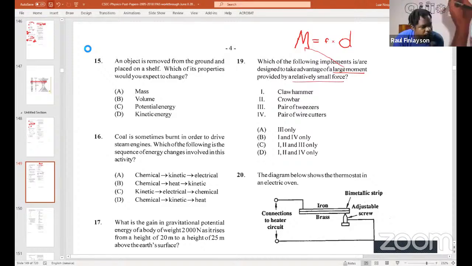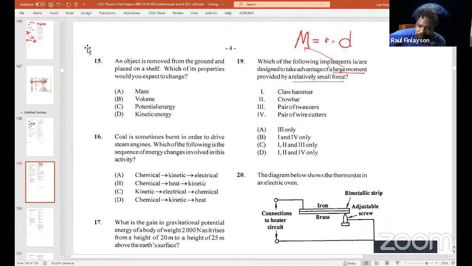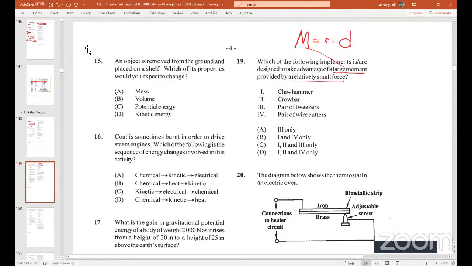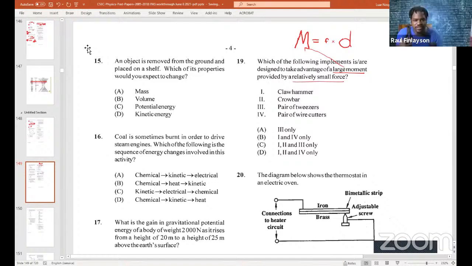The wire cutters cut the wire at the end of it, and you apply the force at the other side. So whether it's a small force you use though, the wire cutter would be something like this. Everybody seen this on the screen? Yes, sir. It's actually a pliers. So look at the length of it.